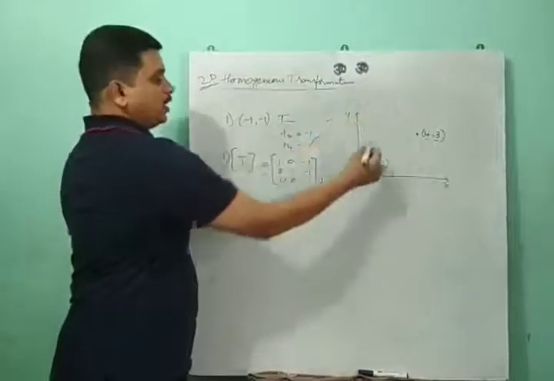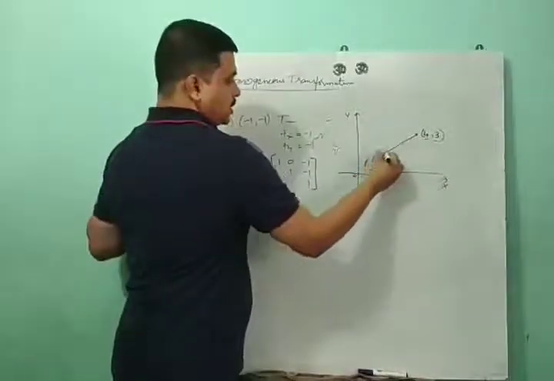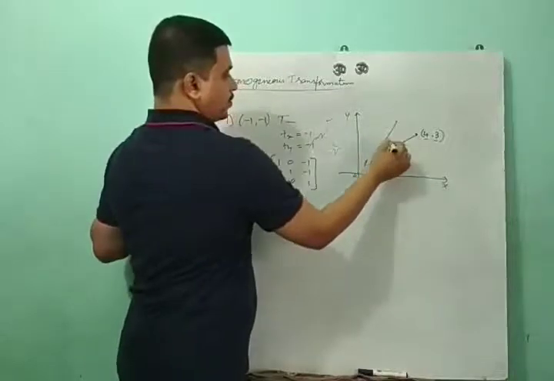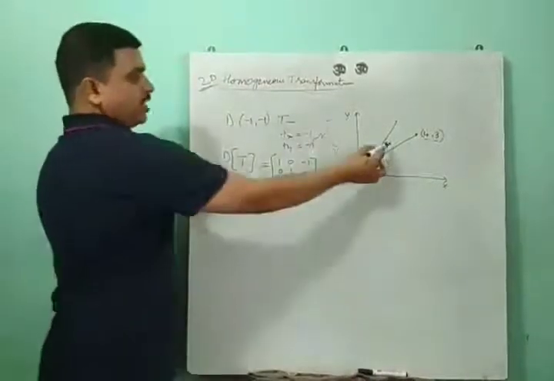Now you rotate. What is the rotation angle? Say consider around 30 degrees. Now we have the equation for 30-degree rotation.